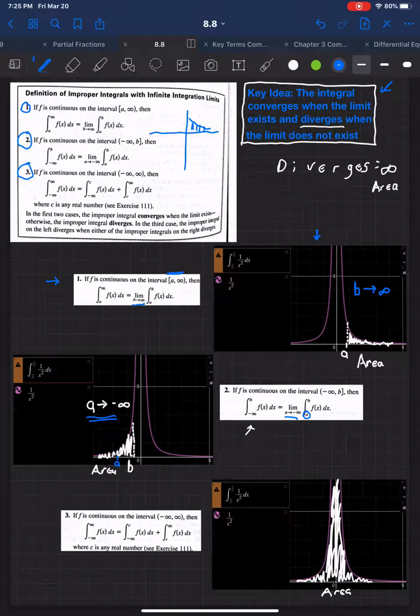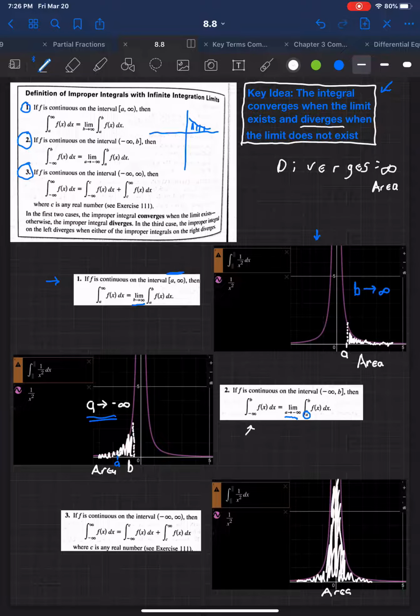Now the last example is when you just want the total area under the curve, right? You want all of it. In this case, I just use the same graph over and over again for each of these 3 examples because really all I'm doing is showing you the shading. Whether the area converges or diverges is to be determined.